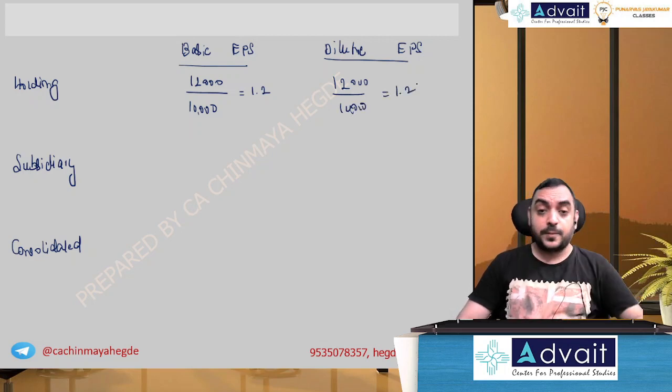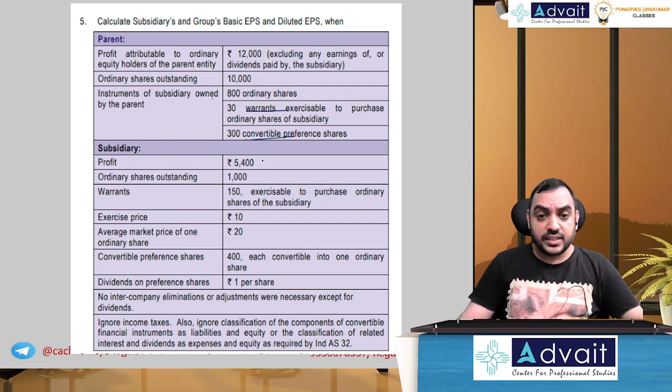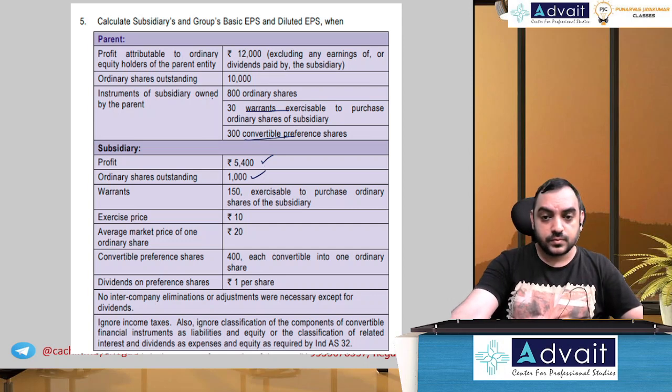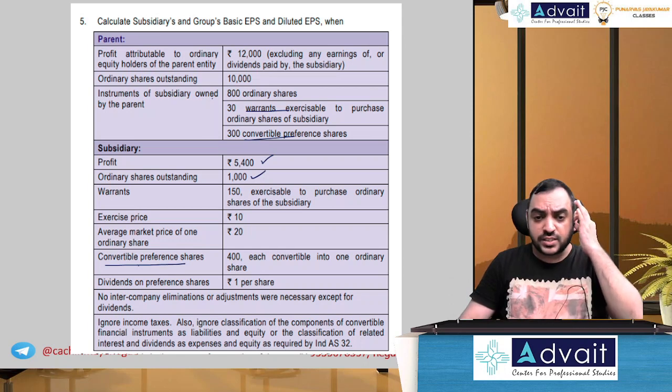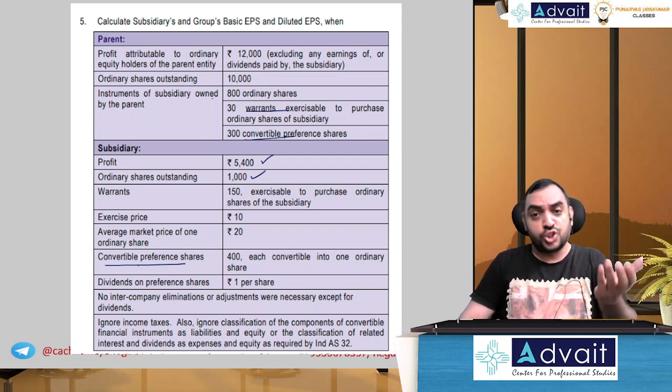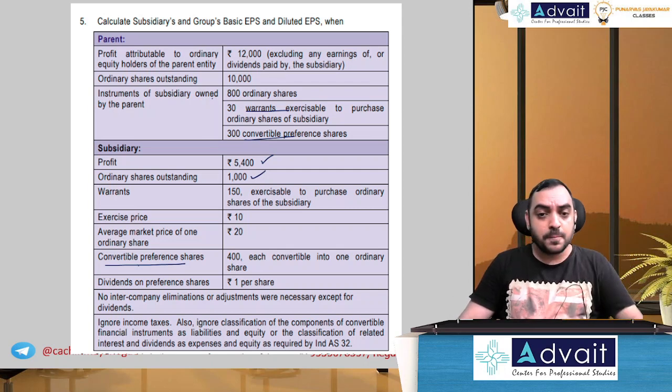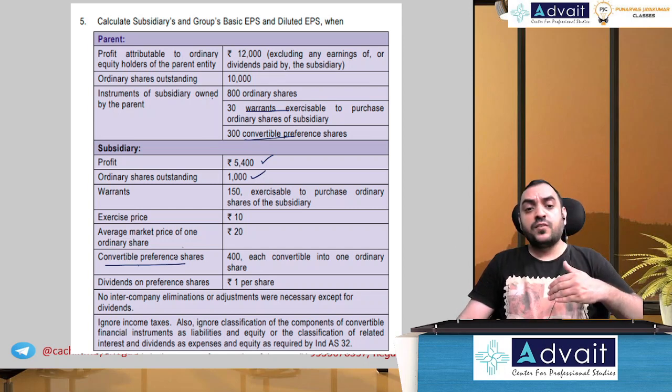Coming to the subsidiary company, let's do the basic EPS. They have profit of 5,400, ordinary shares of 1,000. This 5,400 is profit, and we have convertible preference shares. Normally, for preference shares you have to pay preference share dividend. You can assume this amount is after preference share dividend as well. The question is not specified. We can assume that this 5,400 is after preference share dividend, then you need not subtract. Because when you say earnings available, it should always be available to equity shareholders.